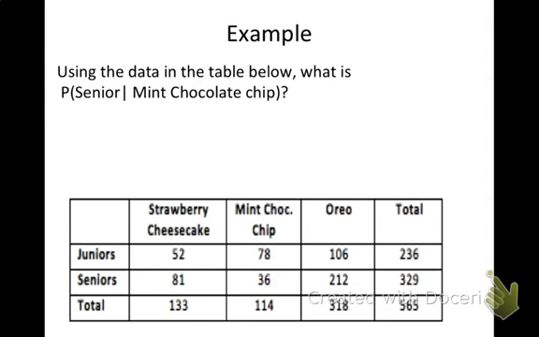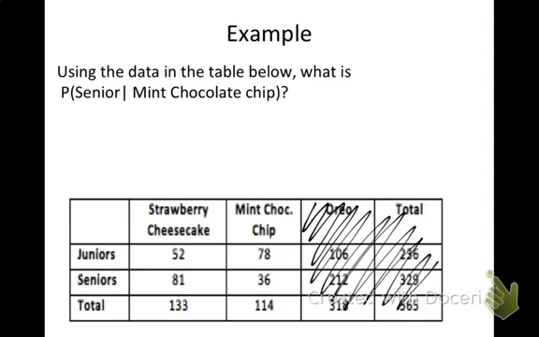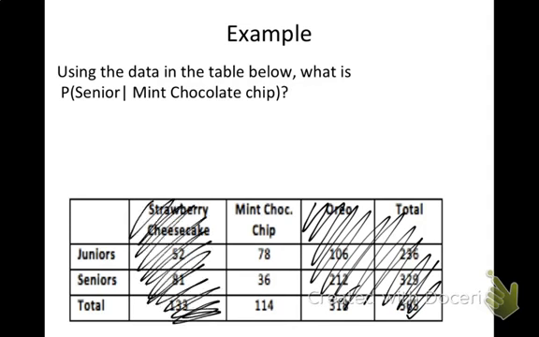For the next one, we want to see what is the probability that someone is a senior, given that their favorite ice cream is mint chocolate chip. I'm not going to write everything out this time, because I think you probably got the hang of it. But I'm just going to mark it out for everybody. You don't have to do this. This is just nice so you can see what's actually going on.